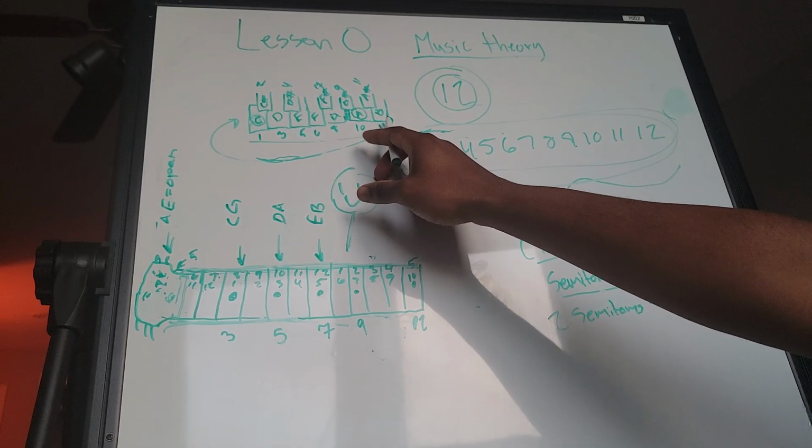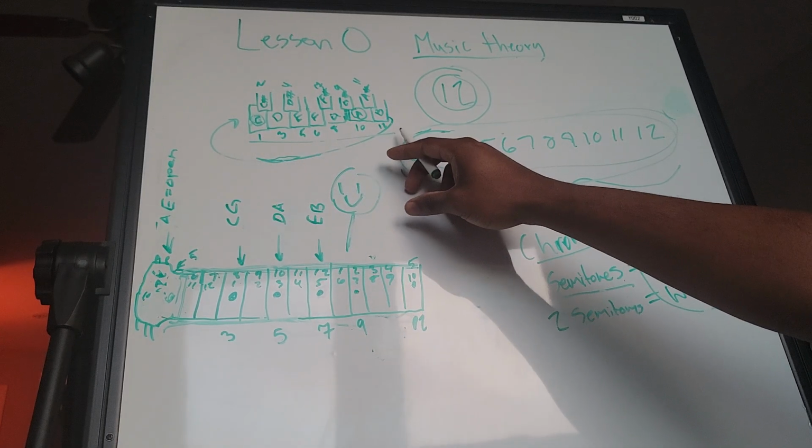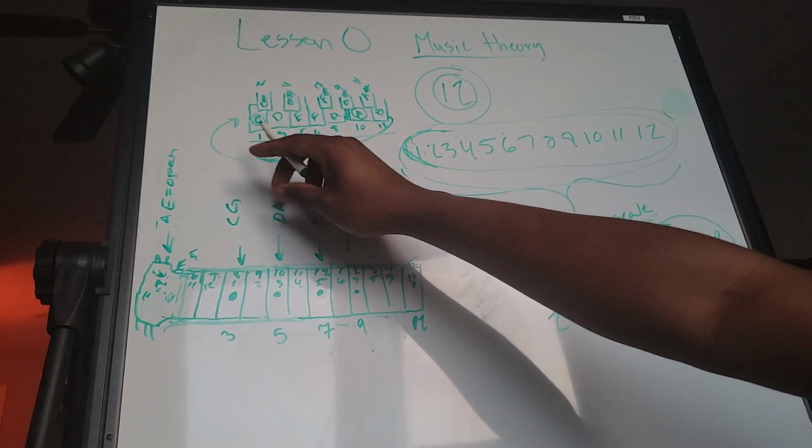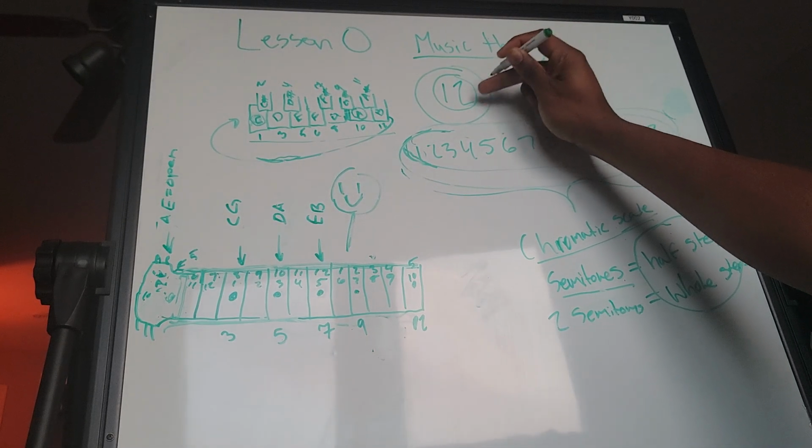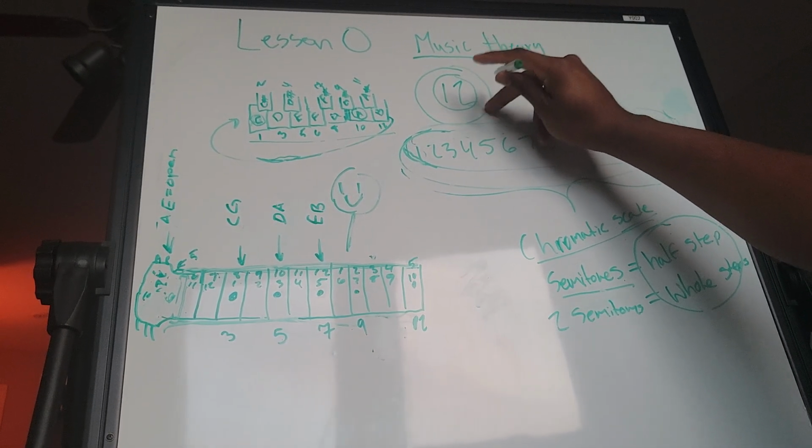You'll get B. If you count all this, you'll get 12. So that means there are 12 digits in the musical alphabet.